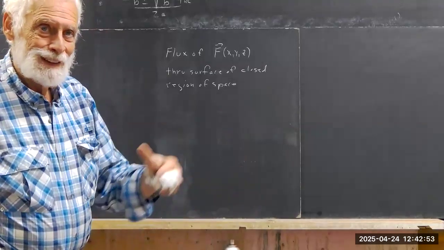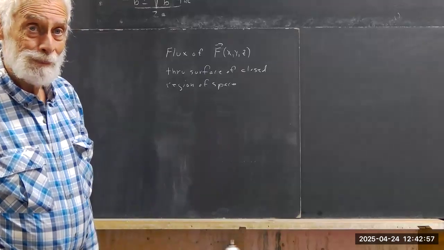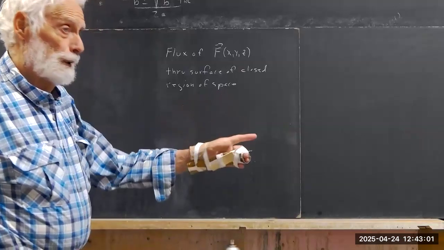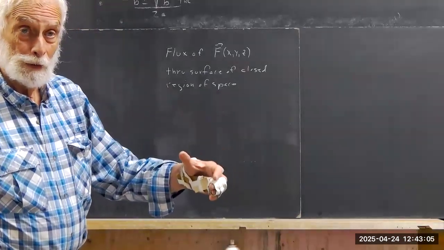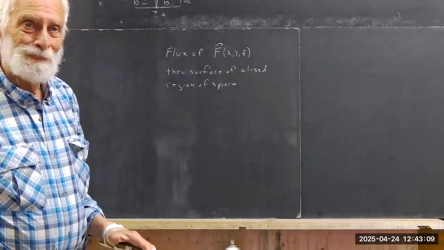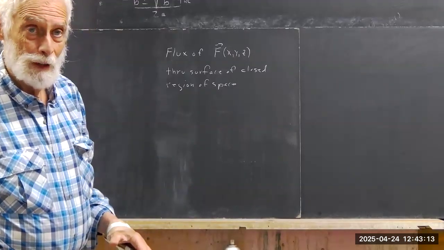We've had too many missed classes, closings and things to really be able to spend a couple of days on this, as with Stokes' theorem. So we'll just get the essence of it as most engineers would use it. Okay.